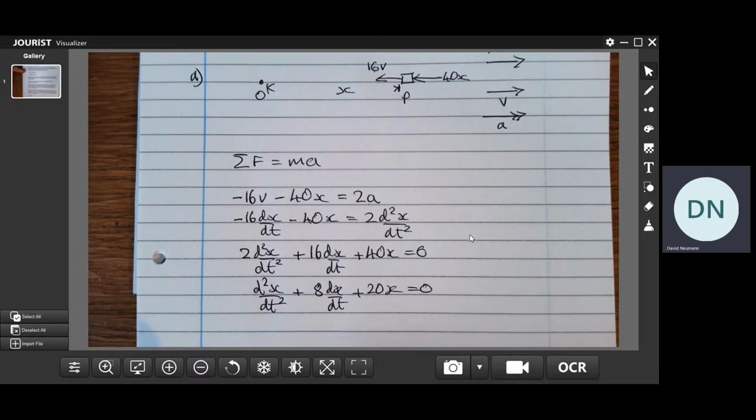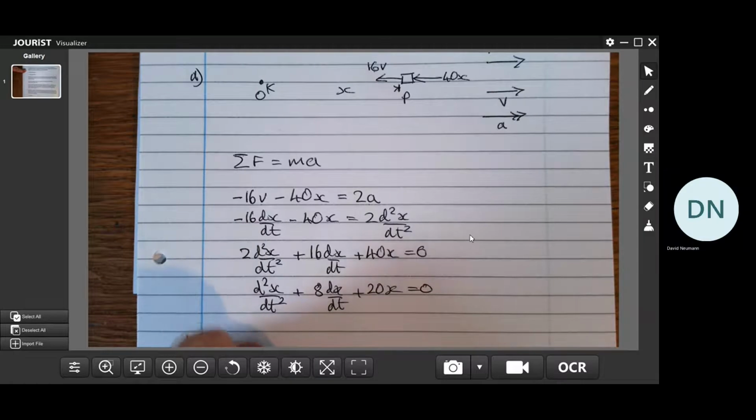Part B says find the value of x when t is equal to 1. Well, to find the value of x when t is equal to 1, we need to solve that differential equation. We know how to do that. It's a homogeneous second order differential equation.